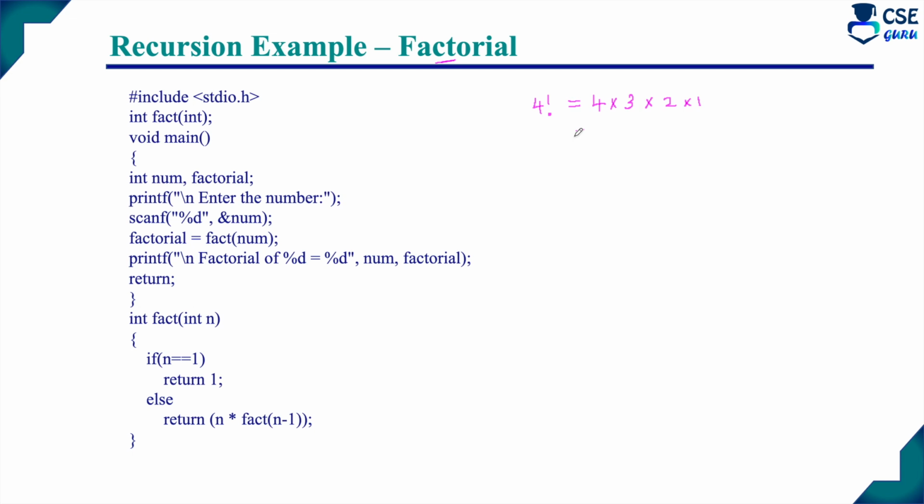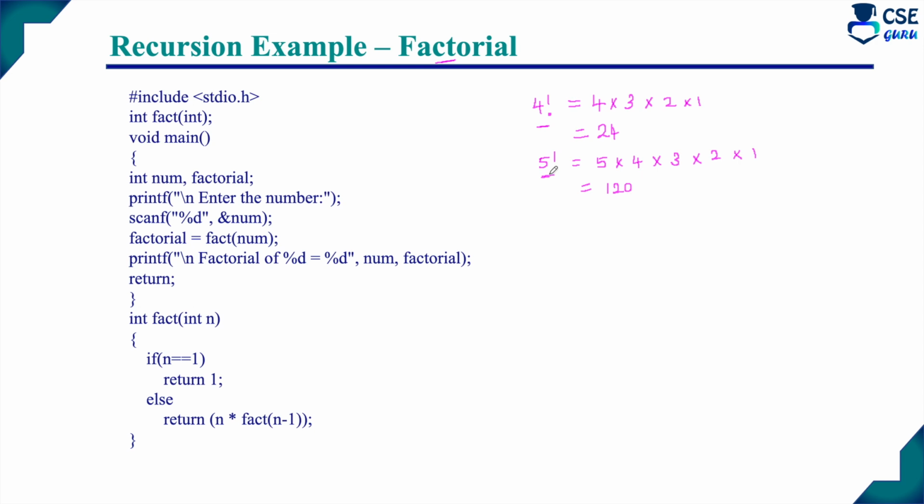So here you will get 24 as 4 factorial. Suppose it is 5 factorial, 5 into n-1 is 4, into n-1 is 3, into n-1 is 2, into n-1 is 1. So here the value is 120. This is the normal way we find the factorial.